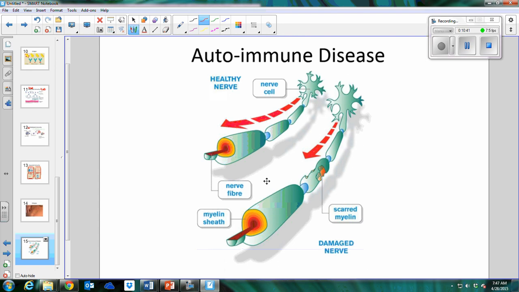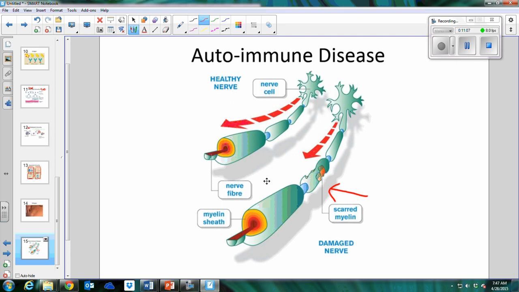That's different from an autoimmune disease, because an autoimmune disease is where your body actually attacks itself. Auto means self. It's where your immune system thinks that its own cells are dangerous. I used an example of multiple sclerosis here, where the myelin sheath is being eaten away from the nerve.